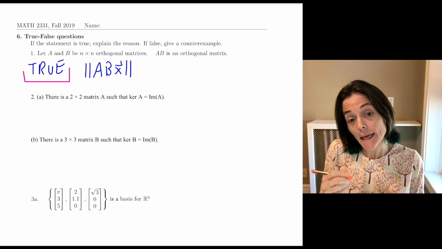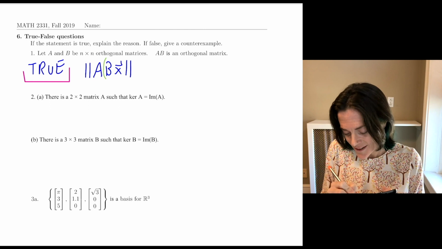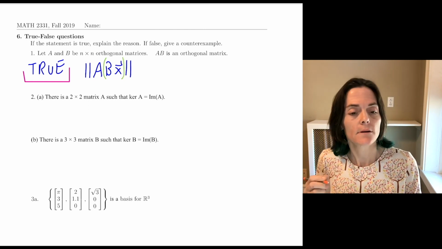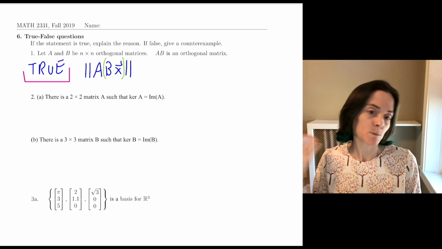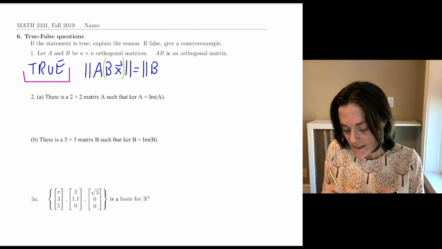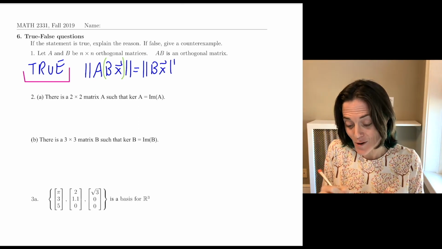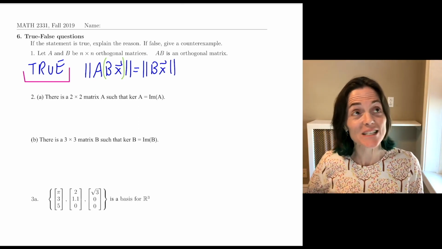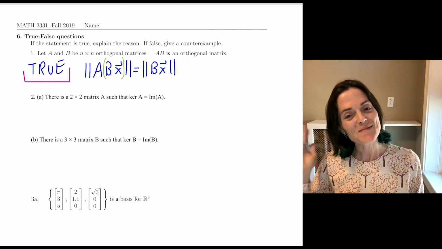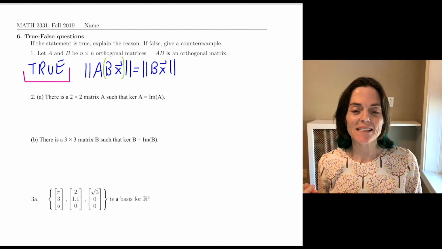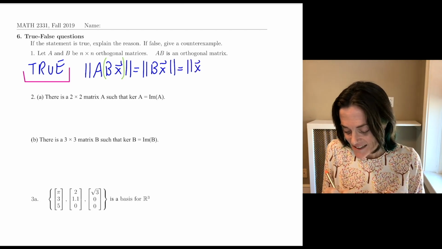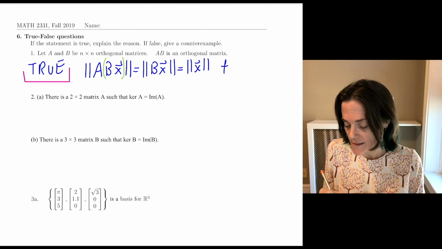Well, you see I could group it like this. Now, use that A is an orthogonal matrix. The length of A times BX will be just the length of BX, because A is an orthogonal matrix. The corresponding transformation is length preserving. Now, similarly, B is an orthogonal matrix. So the length of BX is the length of X. And this is for any X.